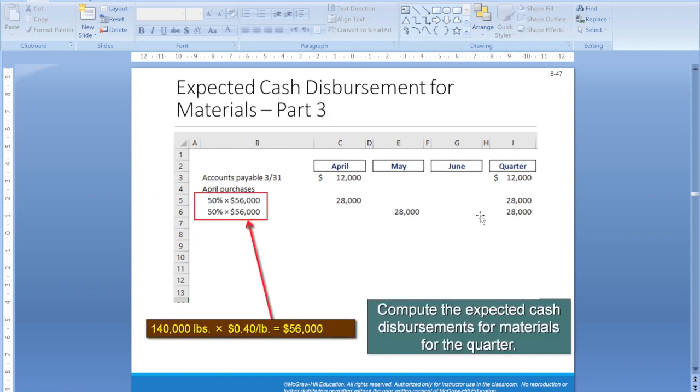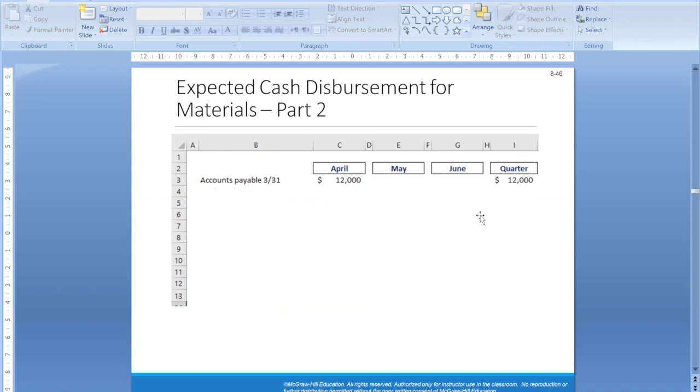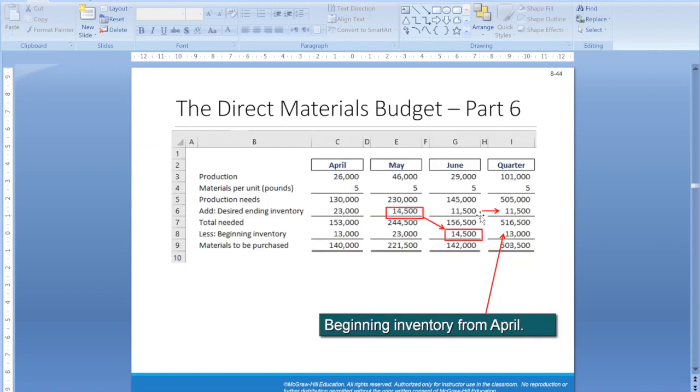Next, I will pay the purchases done in April. I will use now the numbers that come from the direct materials budget. I need 140,000 pounds in April. This will be multiplied by $0.4. Why?